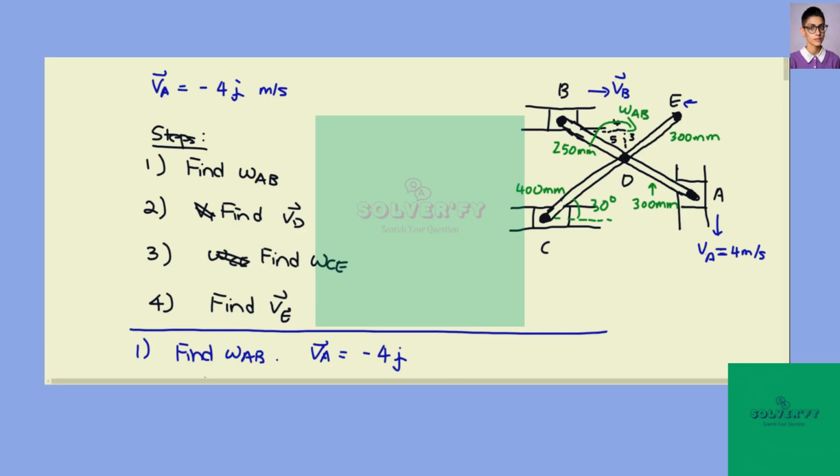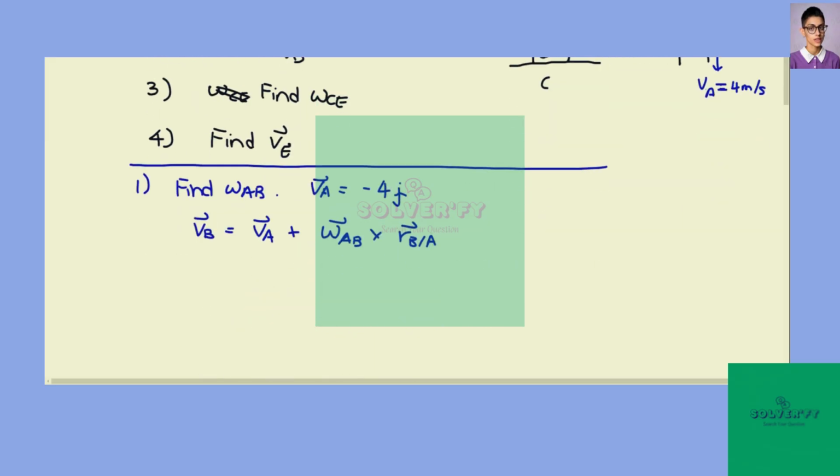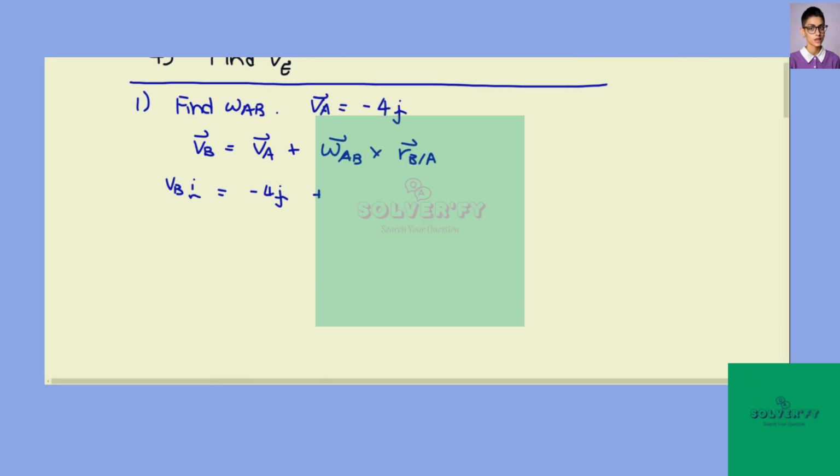So we write VB along the I direction, VA is minus 4J, omega AB is clockwise, so omega AB along the minus K, cross the position vector of B relative to A, which is 0.55 minus cosine theta I plus sine theta J.